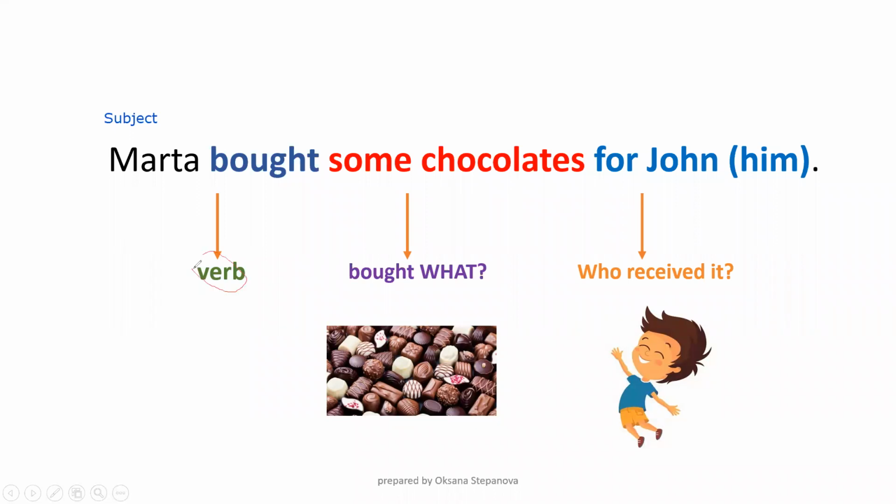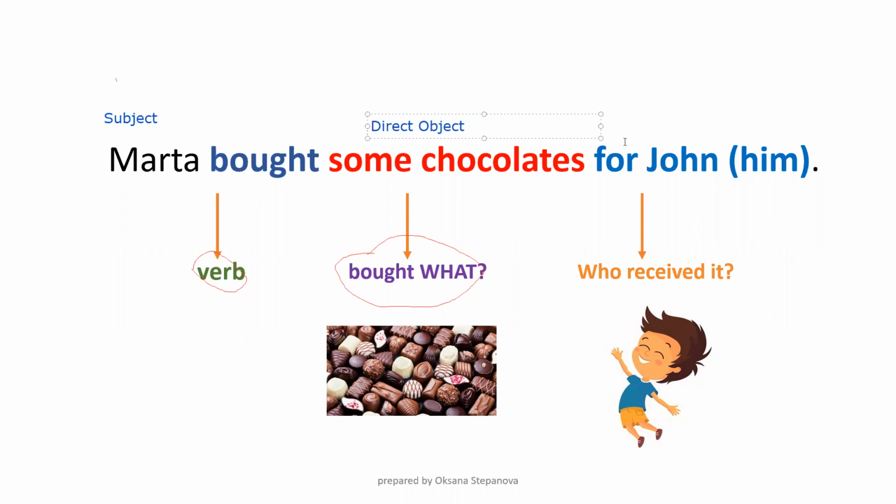Bought what? She bought what? Now take a moment to think. Is this direct object or indirect object? Some of you might already guess that this is the direct object. That's right.